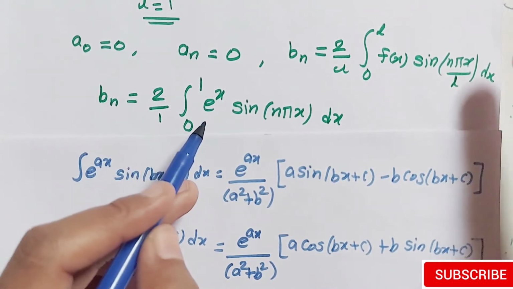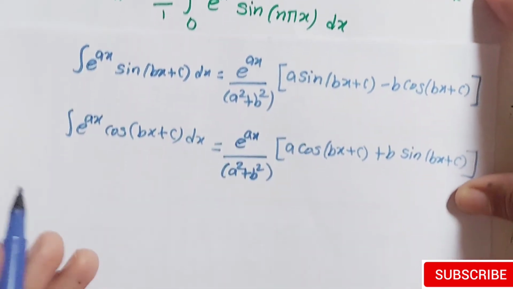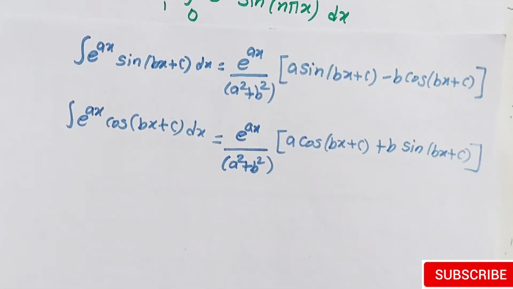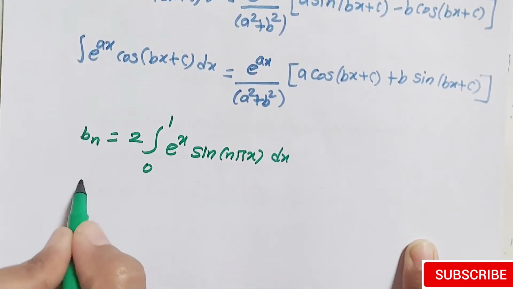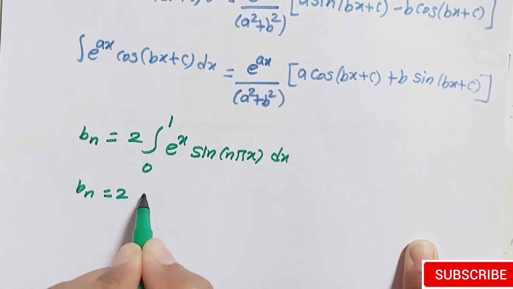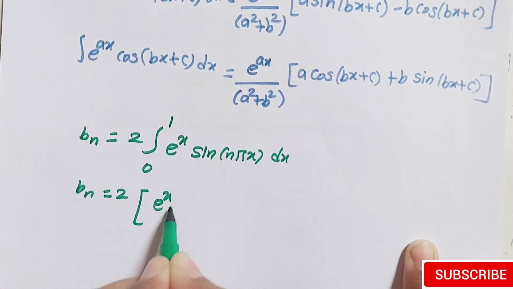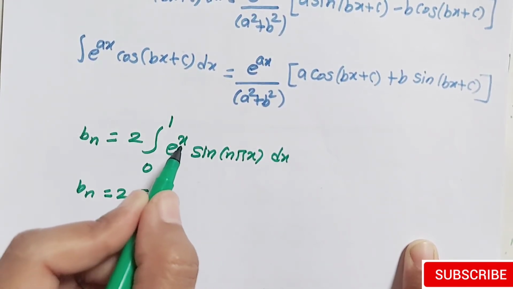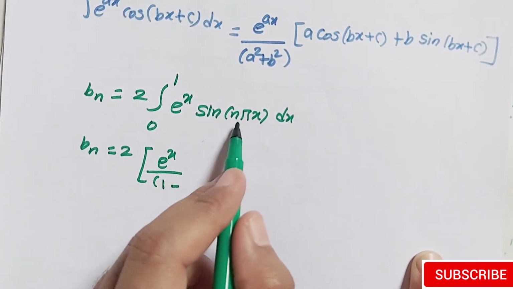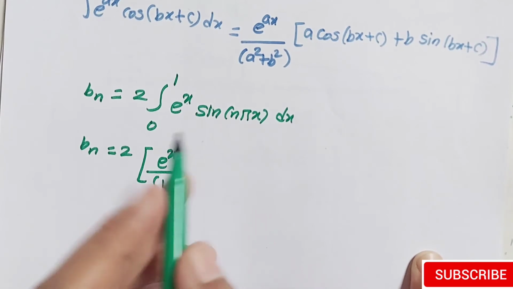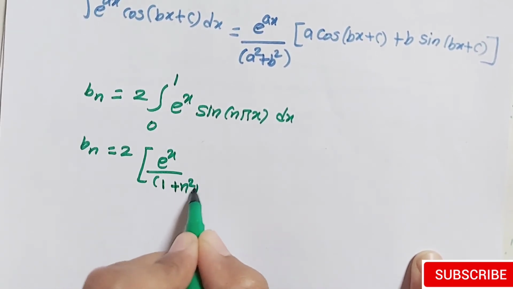Now here, the integration of this term using this formula is, I will rewrite the integration. So therefore bn equals 2, as it is, e raised to the power x divided by a square plus b square. Here a is the coefficient of x in e, which is 1, plus b square, where the coefficient of x in sine is n pi, so n square pi square.